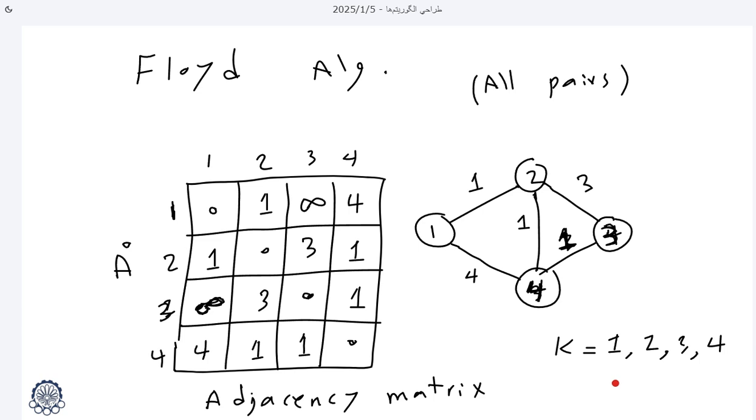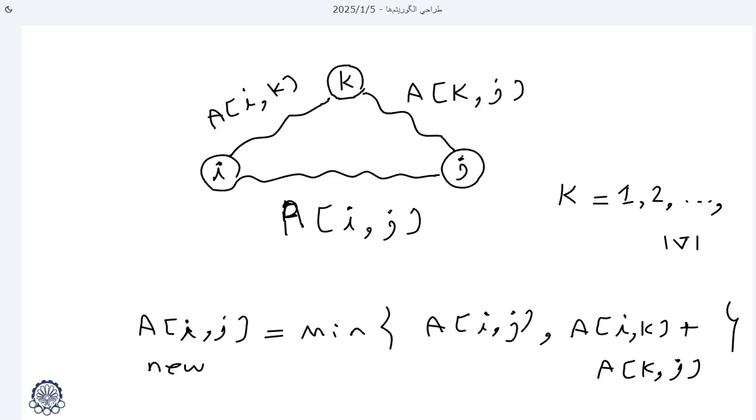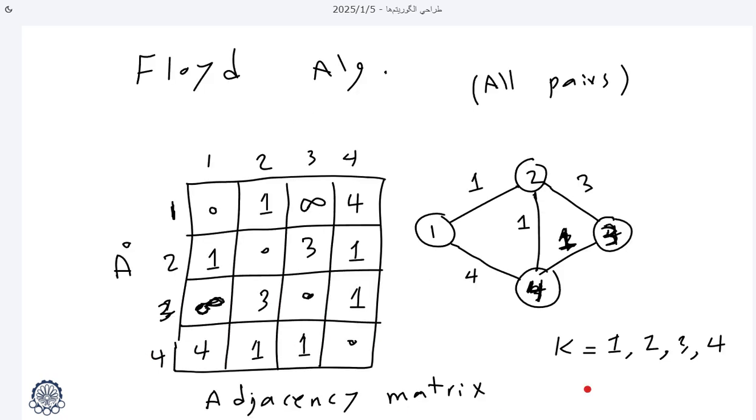We should compute this formula for any I, J for K from 1 to 4.